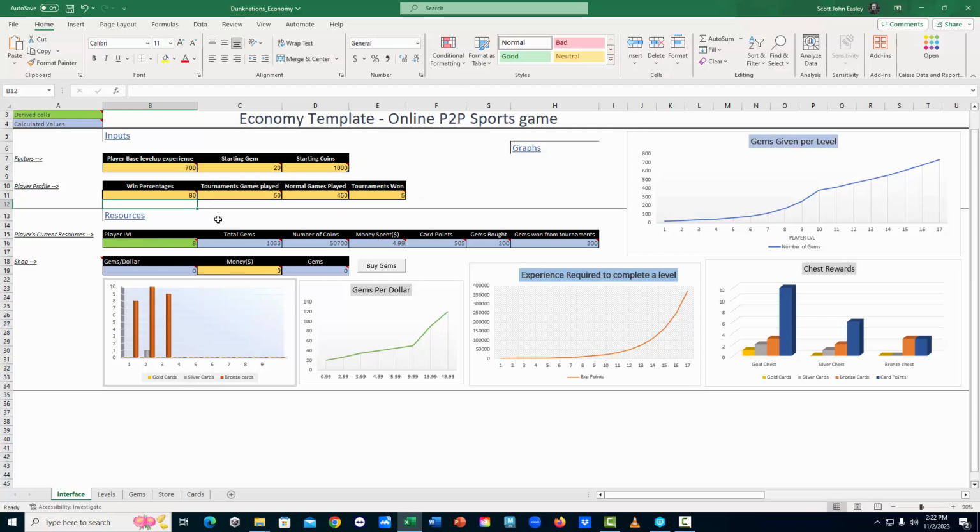Before he was, let's go back to 50, he was at level 7. Of course, if he wins more games, he will get more experience, and he'll be in a higher level with a higher number of resources. So based on how you want to design a player, you can give these inputs and mimic an actual real world player, and we can see how the resources are going to be distributed.